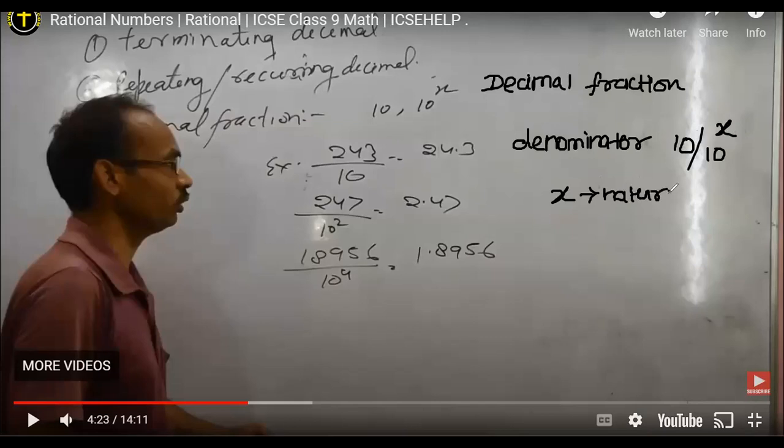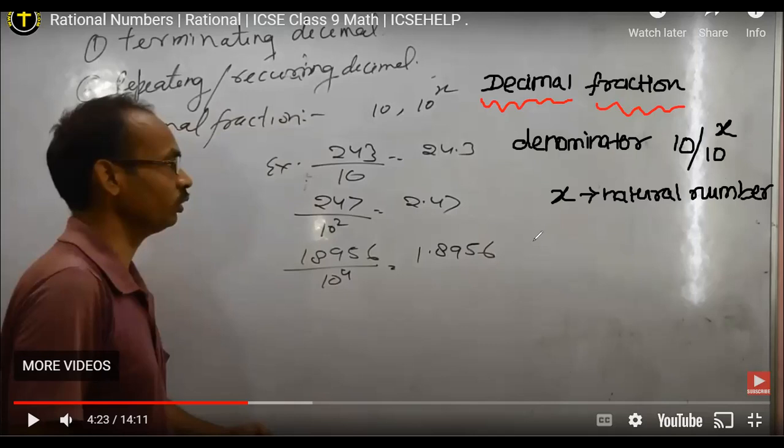Natural number means you can substitute any values starting from 1. I will teach you with an example, which might help you have a better understanding. So x is nothing but a natural number.